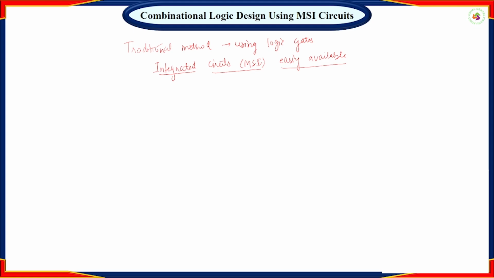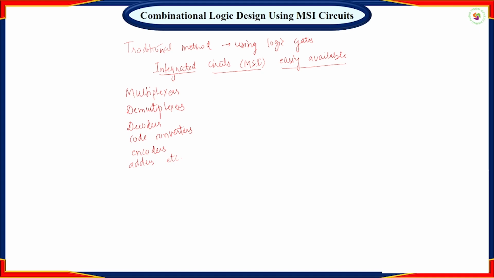There are different types of combinational circuits used in digital design, such as multiplexers, demultiplexers, decoders, code converters, encoders, adders, etc. All these are combinational circuits which are used in digital design.